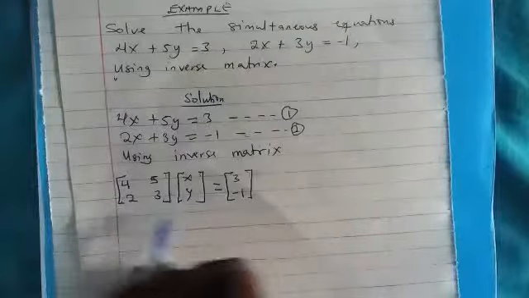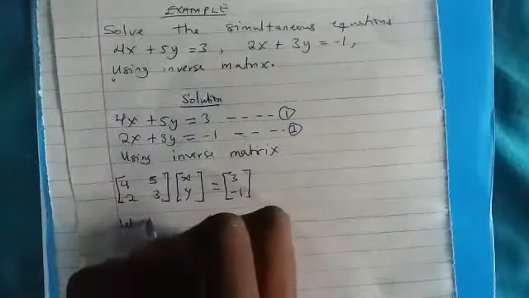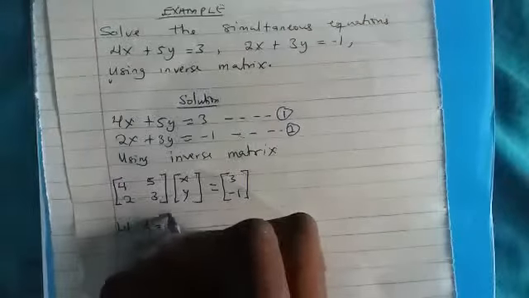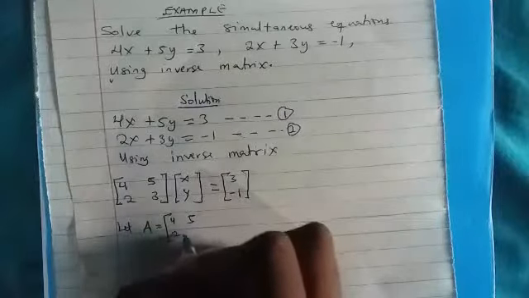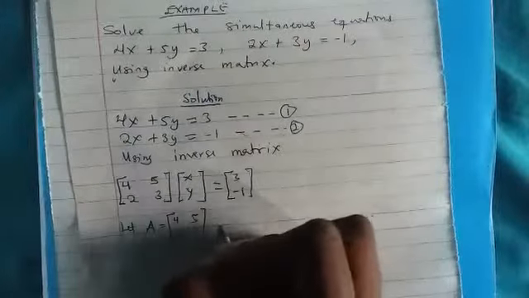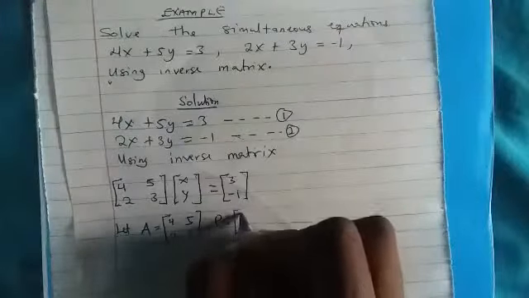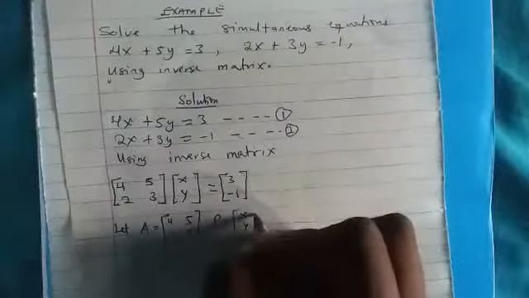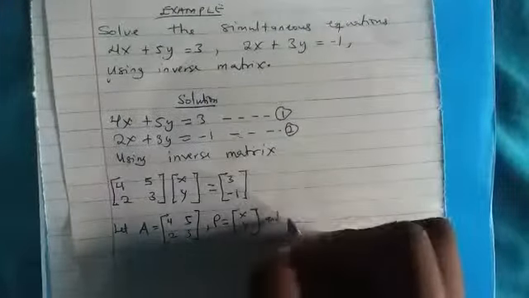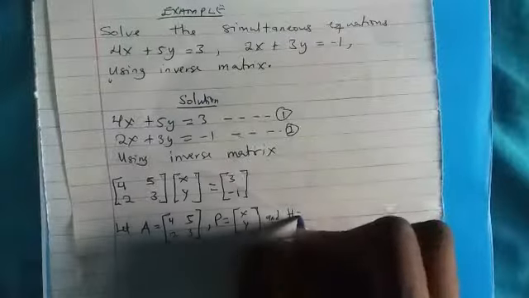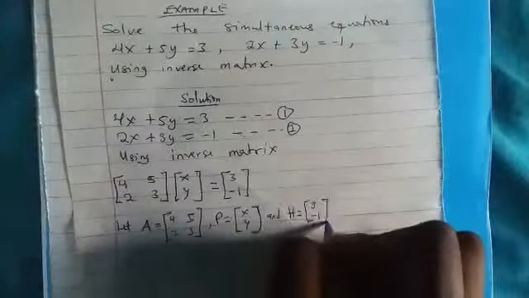So in this case, we let A be equal to our first matrix, which is 4, 5, 2 and 3, and then we let P be equal to our x and then our y, and then H is equal to 3 and then -1.